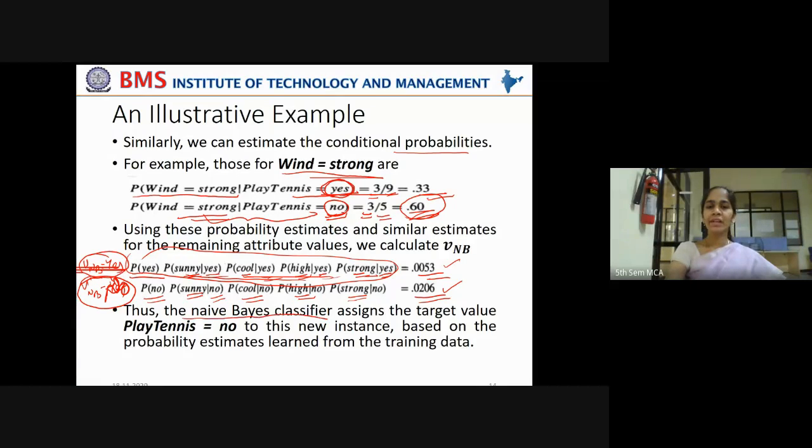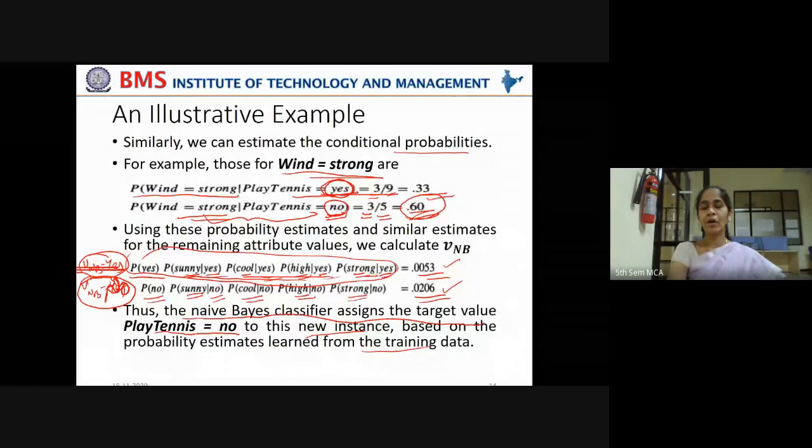Thus the naive-Bayes classifier assigns the target value play tennis equal to no to this new instance based on the probability estimates learned from the training data. This is an important calculation which may be given in your exams. So practice this. Take the training examples set, take a new instance and try to calculate the probability of the outcome variable for that new instance.